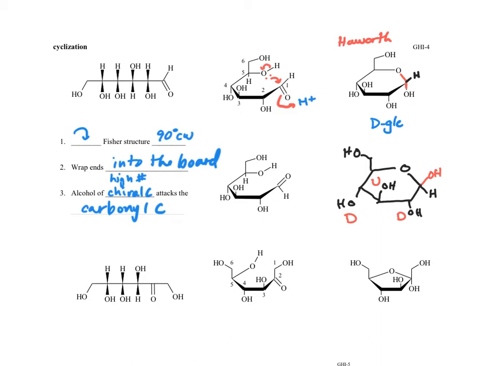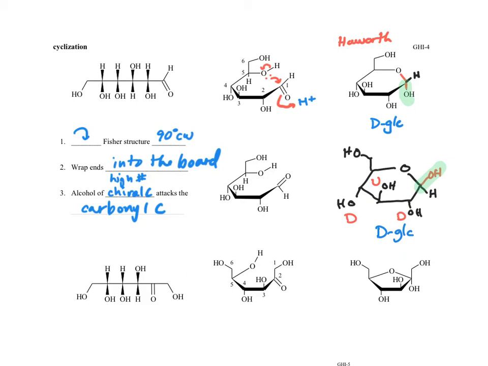So notice we still have a hemiacetal, which we introduced that term last time, but this time we can see a clear difference. In this case, the OH was pointing down. In this case, it's pointing up. It's the opposite chirality. That means we have yet another isomer of D-glucose. I know this is getting complex, but bear with me on this.